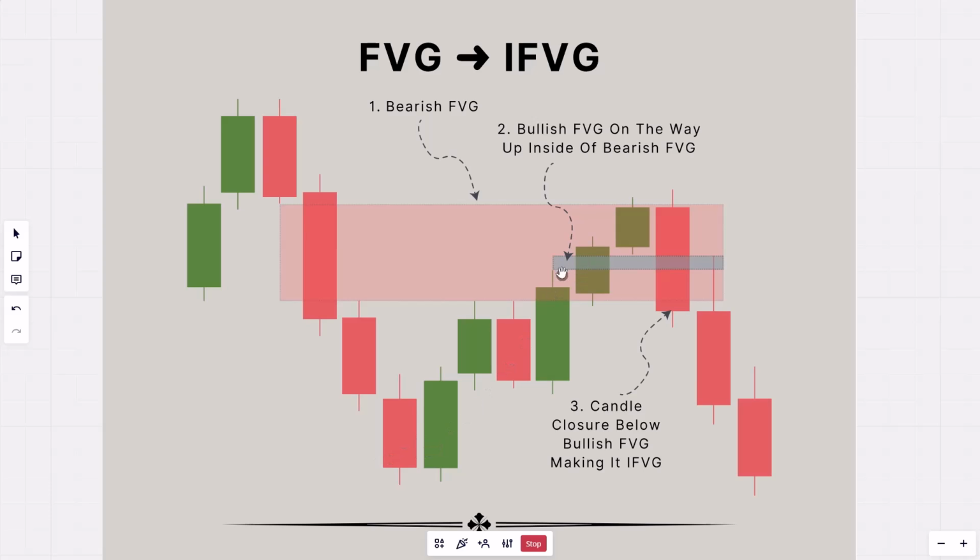On the way up to the bearish one, price disrespected the fair value gap with a body closure. So a candle closure below the bullish fair value gap makes this bullish fair value gap an inverse fair value gap. Then we can look for an entry, and we're going to be discussing the different types of entries.